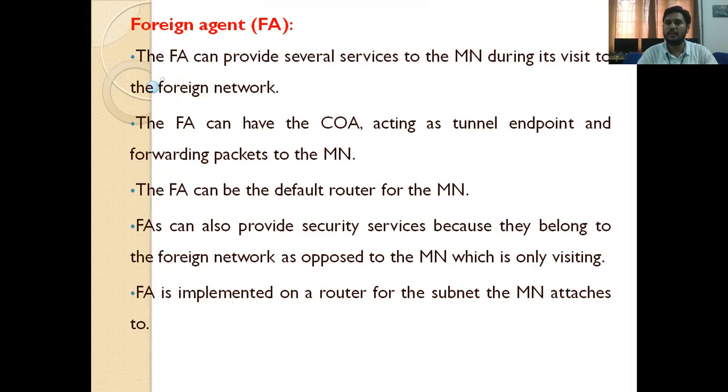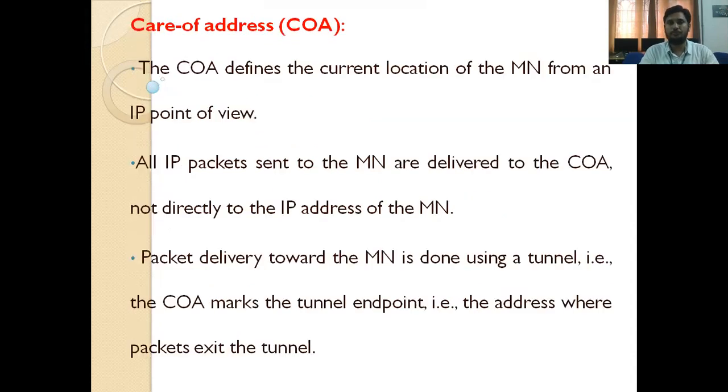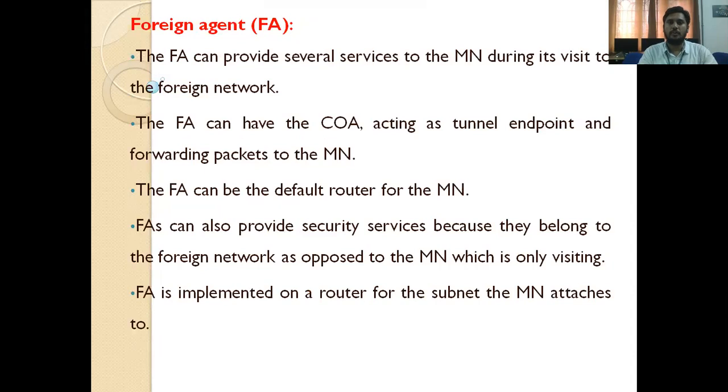The foreign agent can have the COA, acting as a tunnel endpoint and forwarding packets to the MN. The FA can be the default router for the mobile node. FAs can also provide security services because they belong to the foreign network as opposed to the home network. The foreign agent is implemented on a router for the subnet the mobile node attaches to. Whenever a mobile node visits the foreign network, the foreign agent is needed.